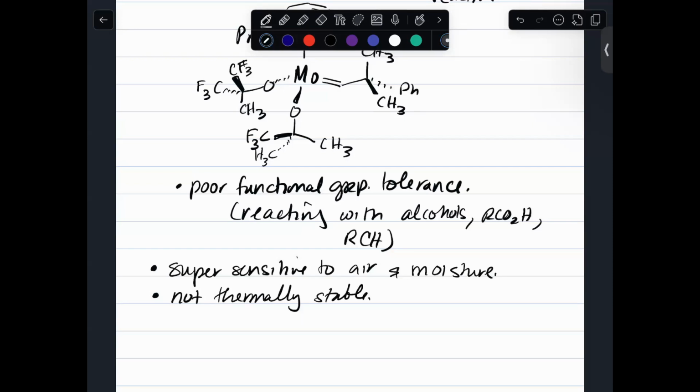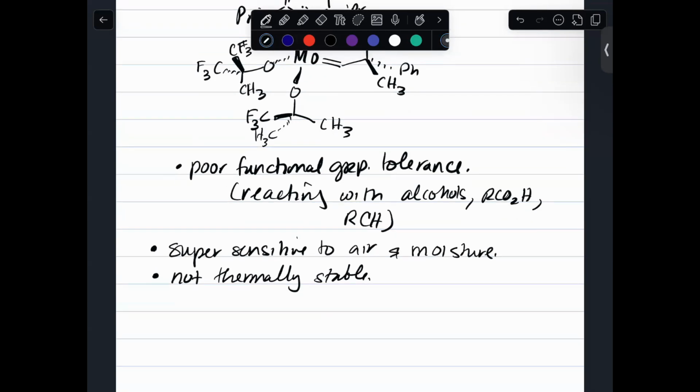You couldn't really heat up reactions for very long, or else it decomposed. And because you couldn't heat these reactions, the yields were terrible. So it really became a problem. Even though he was able to accomplish this, the yields were just really horrible. And this is where Grubbs came in.